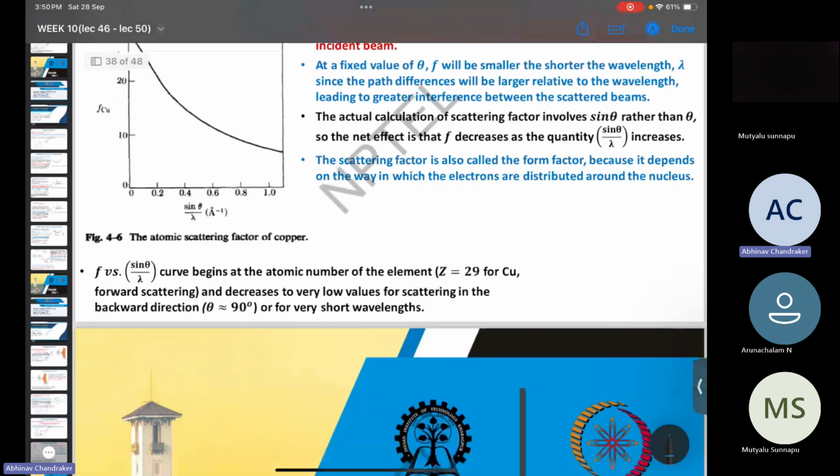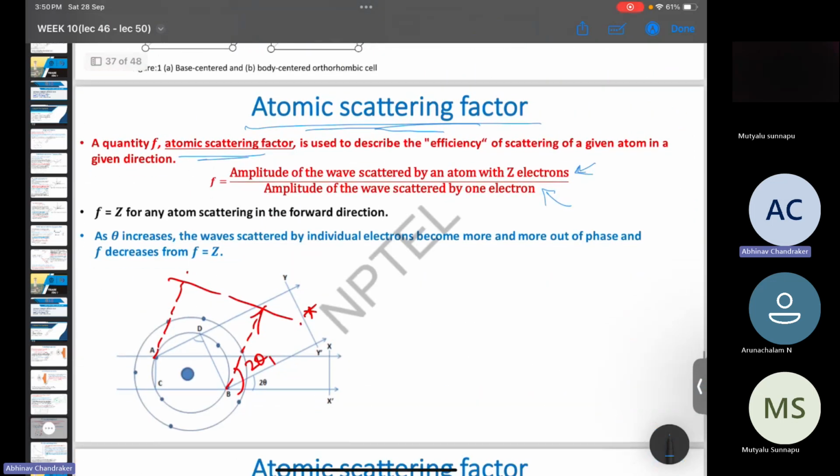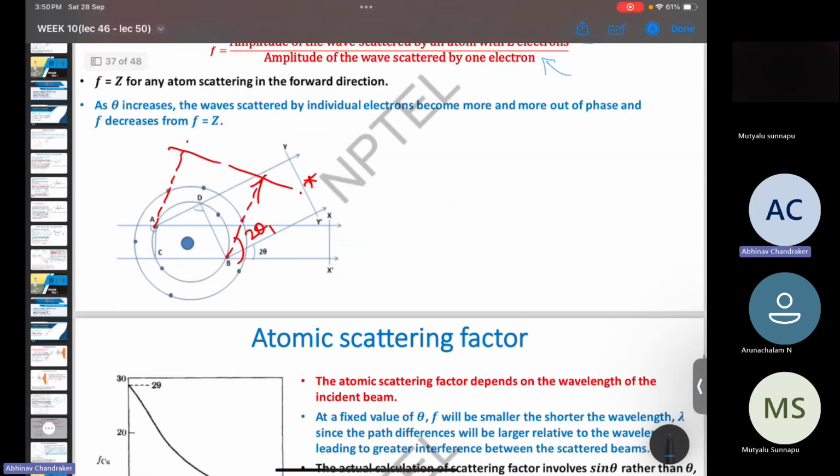Now we know that the scattering factor will depend on the angle at which the scattering occurs, because the electrons are all at different positions in the atom. So the angle is important.